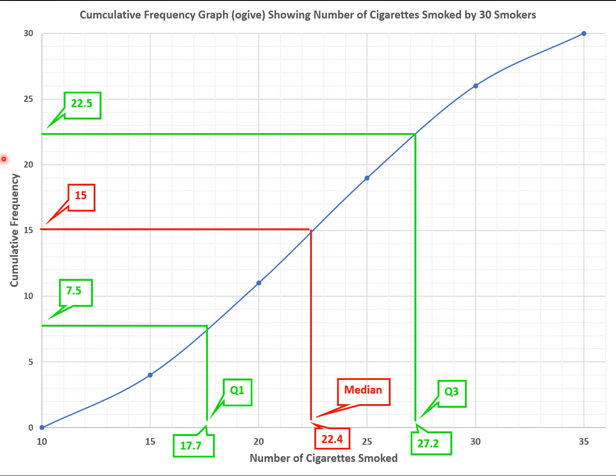Divide something up into 4: 1, 2, 3, 4. You have only 3 cuts: 1, 2, 3. 3 cuts, and that'll divide it into 4. Very often the median is called quartile 2.